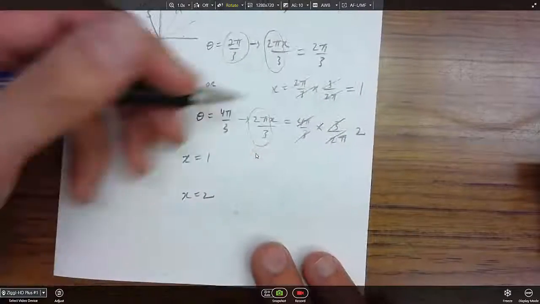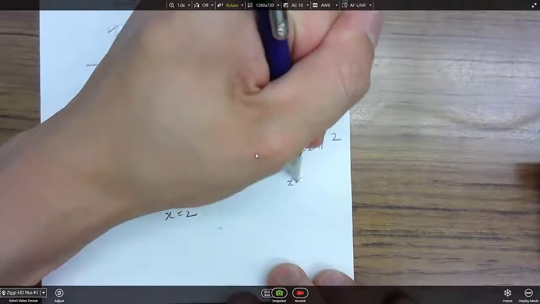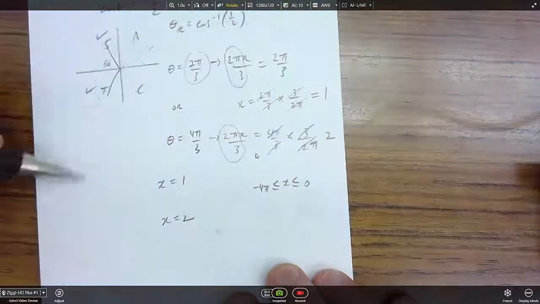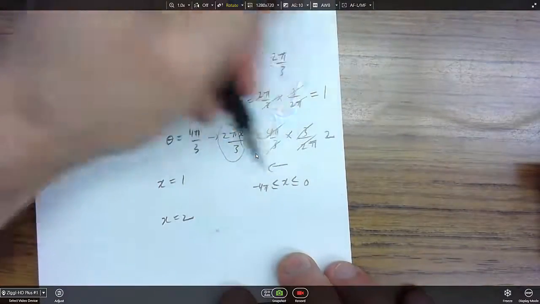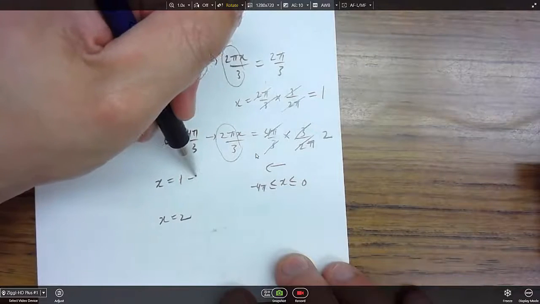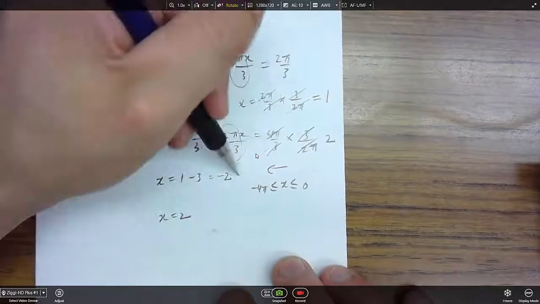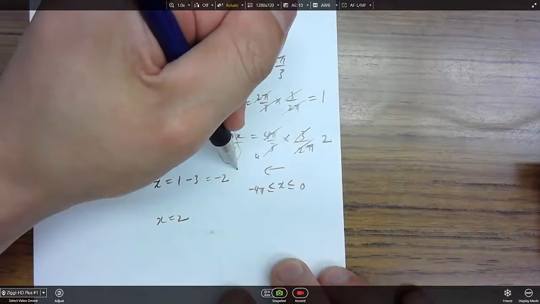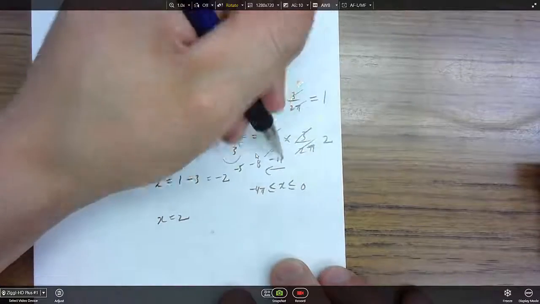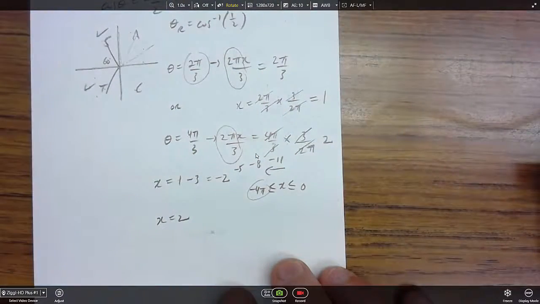So when we said x equals 1 and 2, and we know that the domain of x must be between negative 4 pi and 0, we know that we need to go to the left. So 1 minus 3 equals negative 2, and you keep on subtracting. Negative 2 minus 3 is negative 5, then negative 8, negative 11, etc. Now how do we know when to stop?